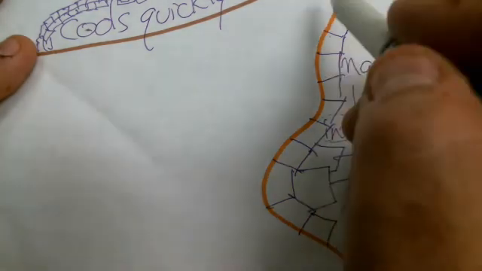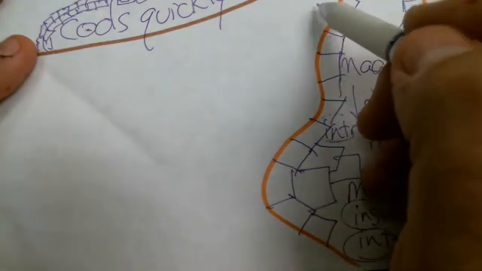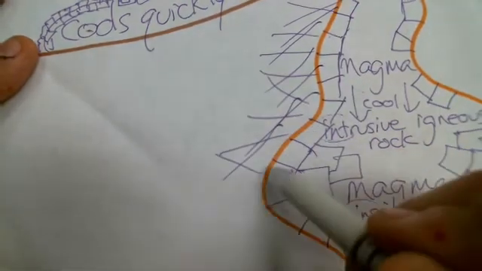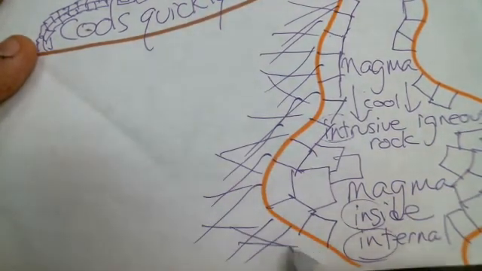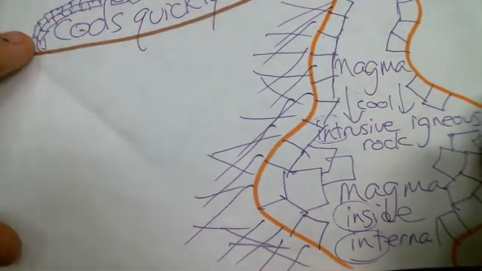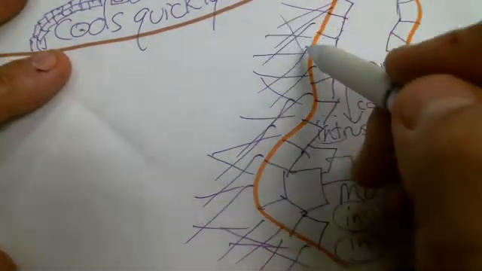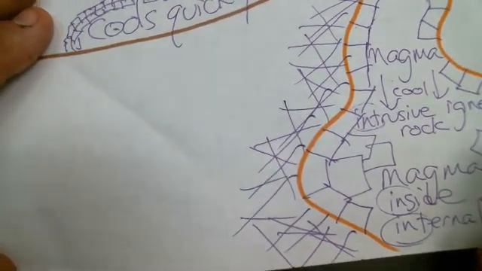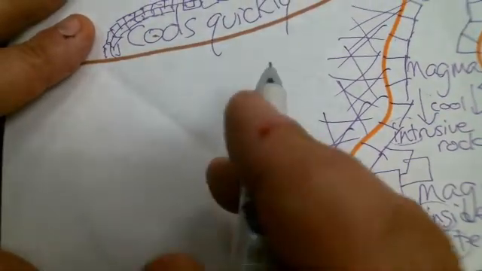So to represent that, I want you to draw X's going along the magma chamber here. This represents areas where the rock has heated up and is now changing form. And we're going to label that off to the side here.